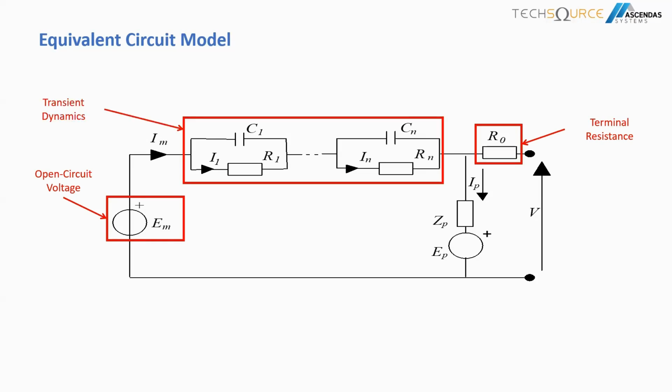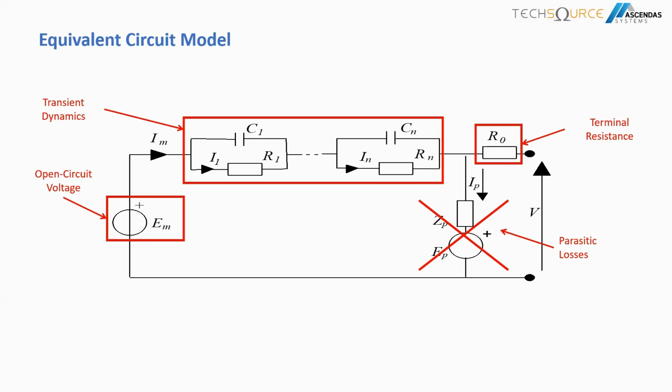We have the RC branches, which account for the time constants, the frequency response of the battery. And for some chemistries, charging losses or self-discharge are significant, but for lithium chemistries, they are often ignored or have only a minimal effect.